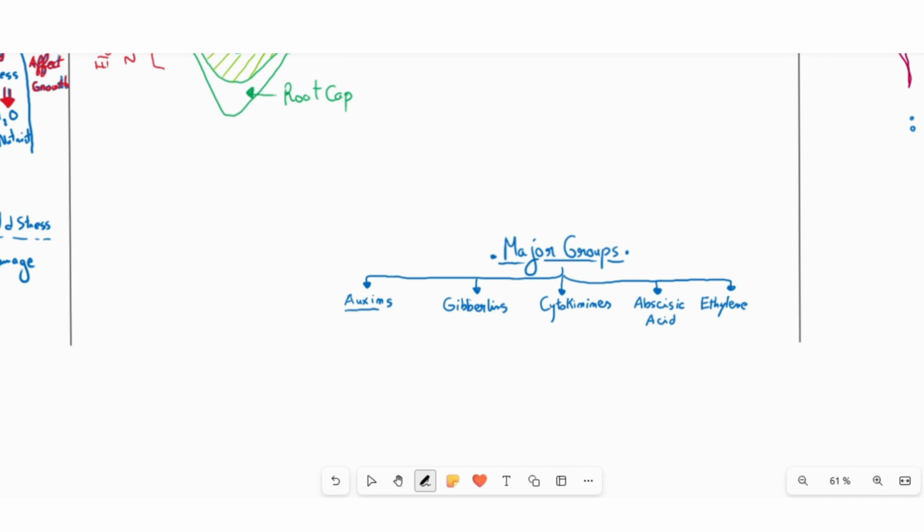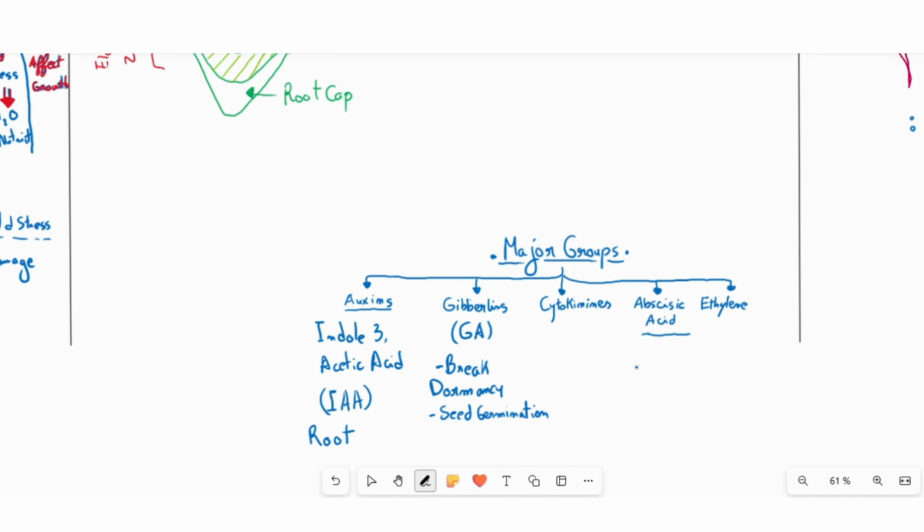So auxins, we're going to look at an example, which is indole acetic acid, or what we call IAA. This phytohormone plays an important role in root growth. So let's say it's for the roots. Gibberellin, or let's just call it GA, is important mostly in the seed breaking out of dormancy and its process of seed germination. Let's look at abscisic acid.